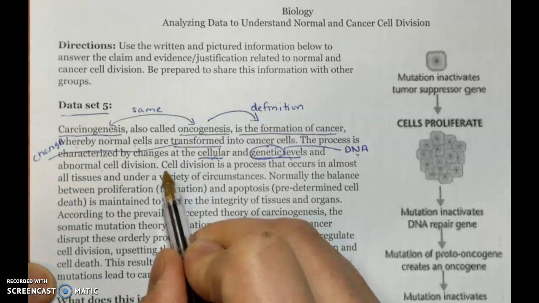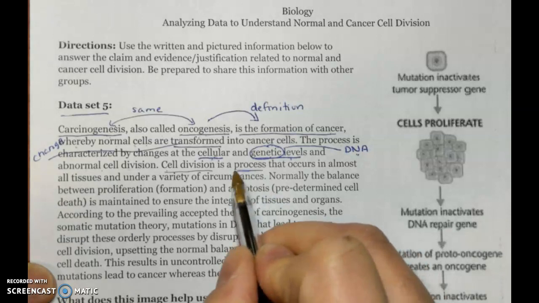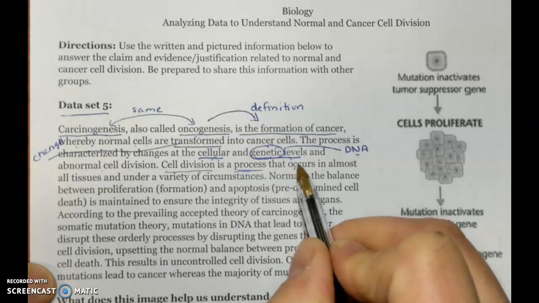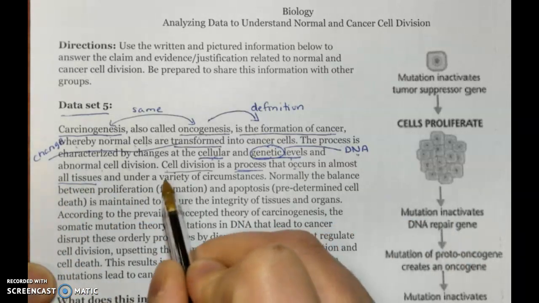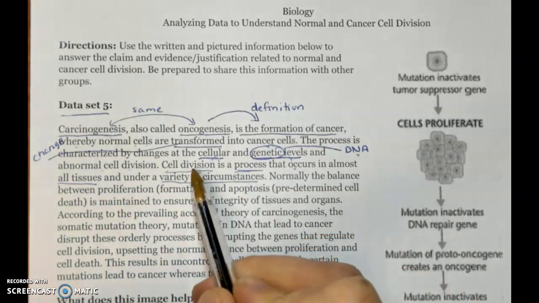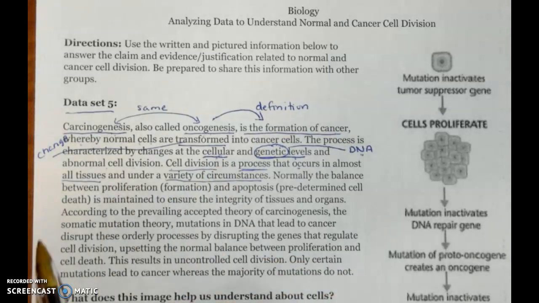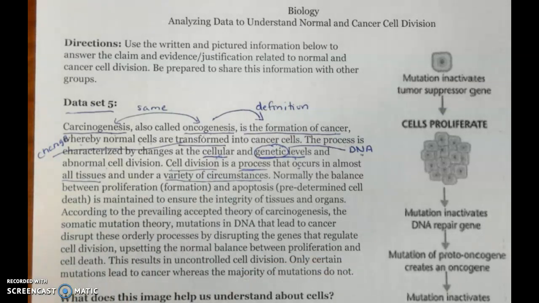Cell division is a process, or it's something that happens, and it occurs or happens in almost all tissues under a variety of circumstances. So pretty much all cells in our body will go through cell division like we saw on the previous handout. They go through normal cell division.